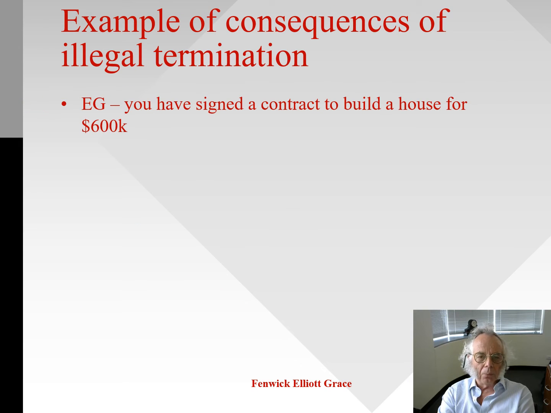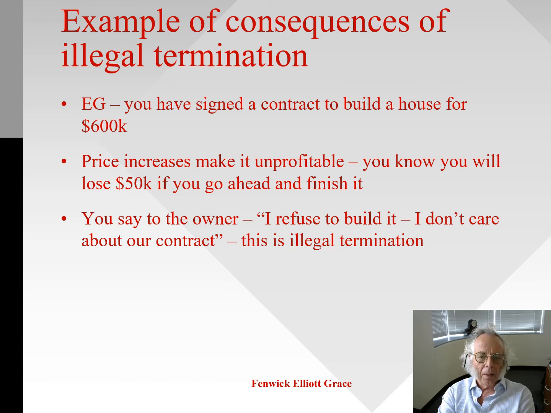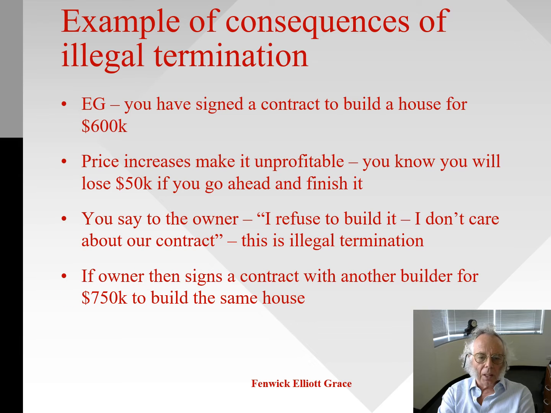I'll give you an example. Imagine you've signed a contract to build a house for $600,000, and price increases have made it unprofitable. You know you're going to lose $50,000 if you go ahead and finish it. So you say to the owner, I refuse to build it. I don't care about our contract. Well, that would be called illegal termination. That would be called repudiation.